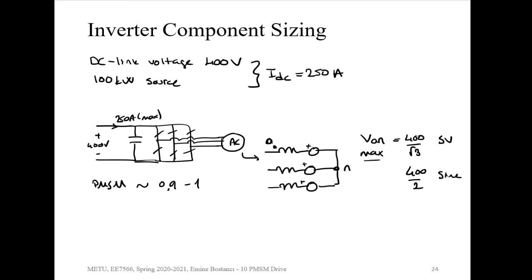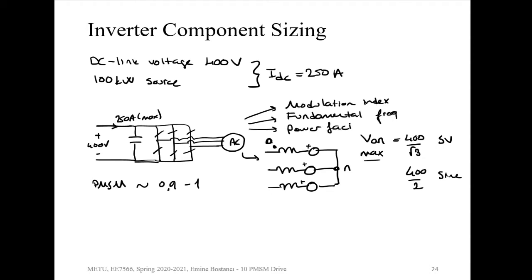And keep in mind, our AC machine is going to be a variable speed drive. It means that throughout the operation, everything is going to change. The modulation index is going to change, the fundamental frequency is going to change. And moreover, as the operating point changes, the power factor of the electric machine is going to change too.